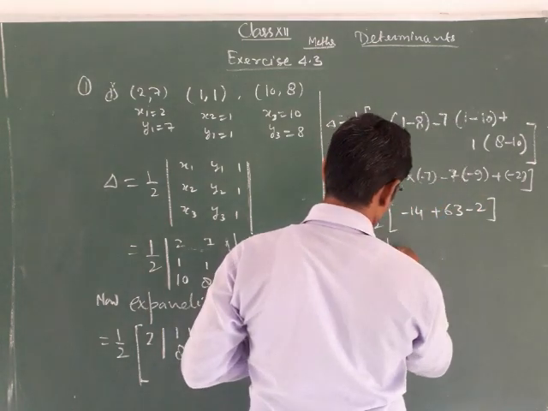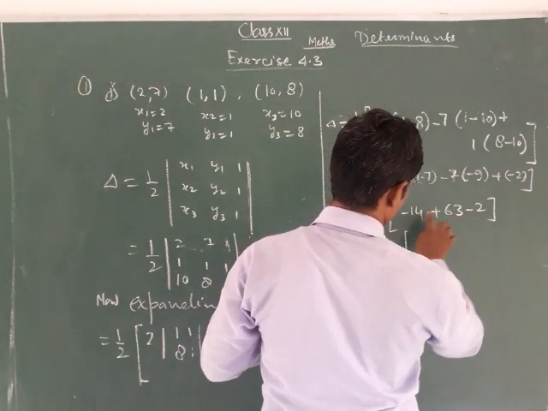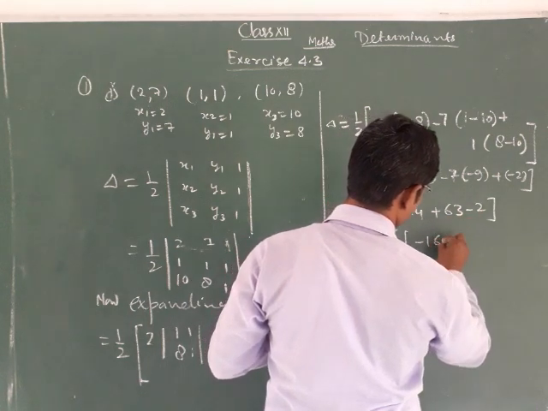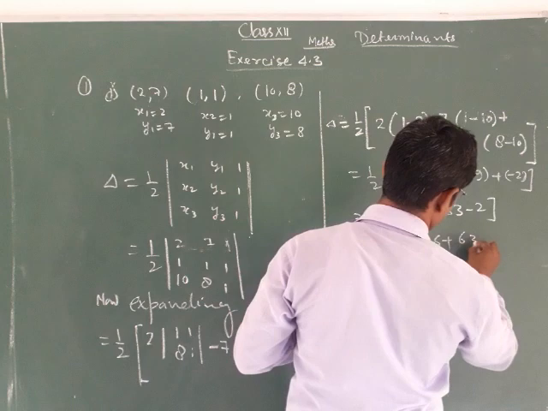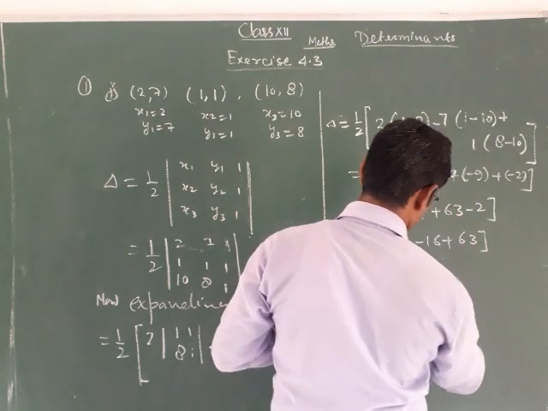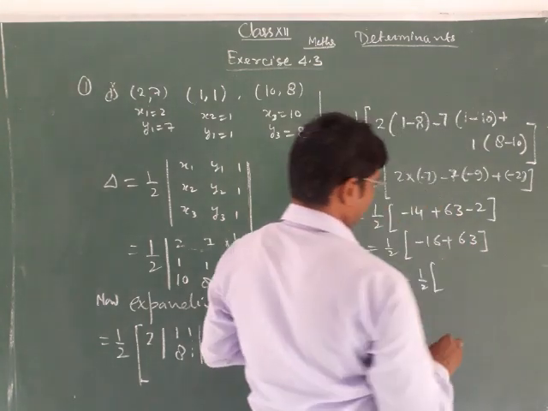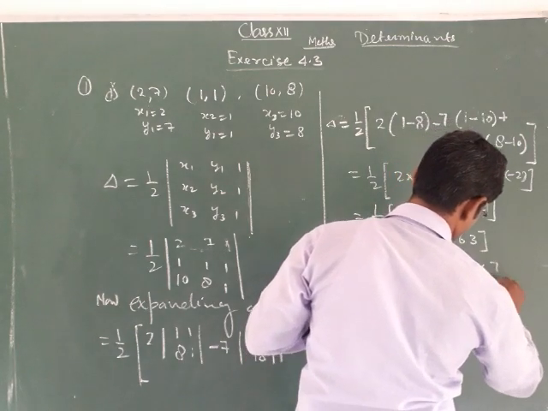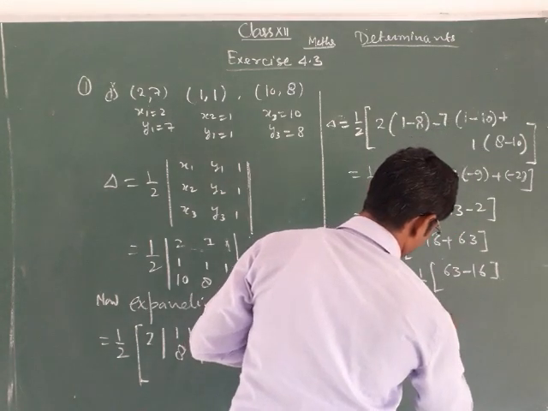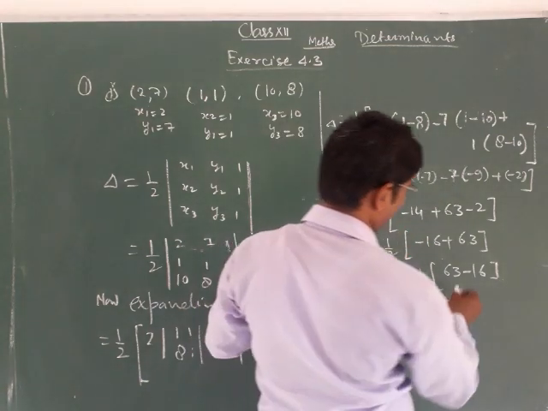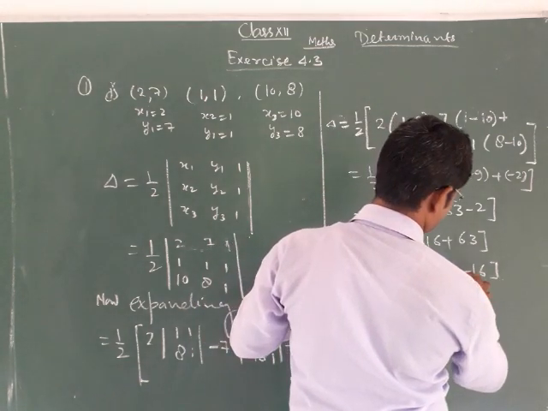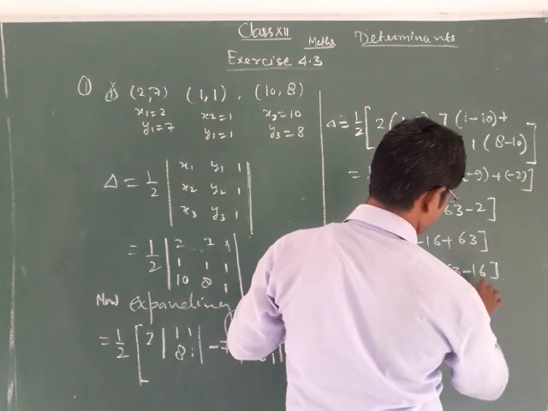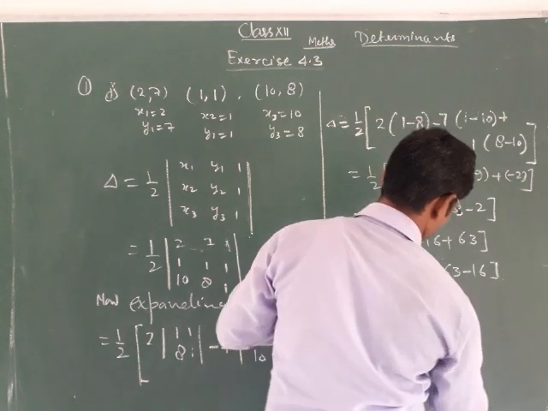That is 1 by 2 times (63 minus 16), so 1 by 2 times 47.